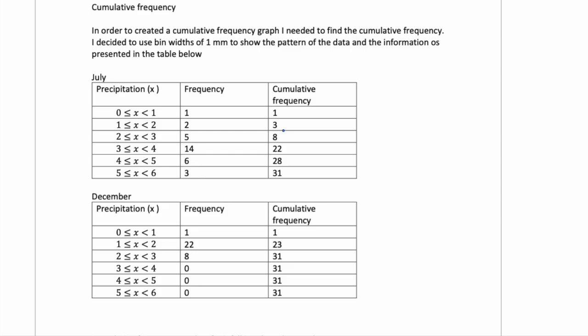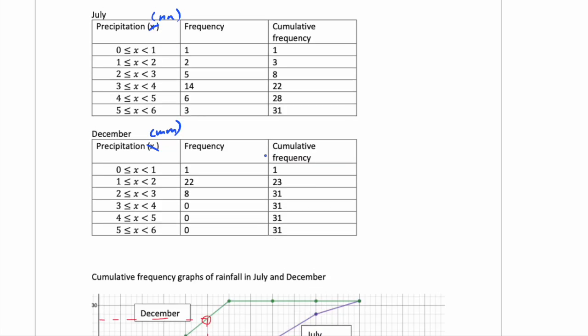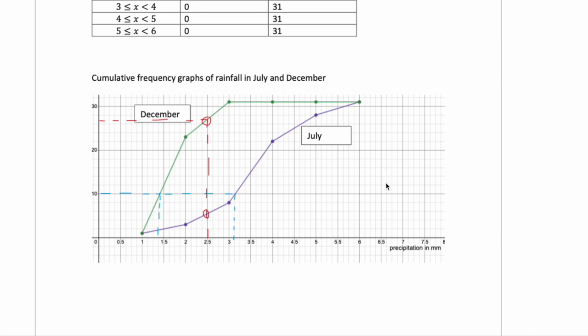This is very organized. Maybe you don't need X here, probably need millimeters. Otherwise, it looks pretty good. And then the graph, we have labeled on the bottom. That's good. This should be labeled. Maybe you can have frequency or number of years. Okay, because this is number of years or frequency.